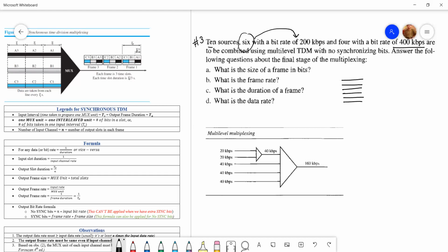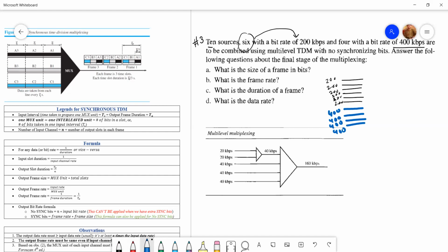The black ones are my 200 kbps channels, and the blue ones are my 400 kbps channels, 400, 400, 400, and 400.